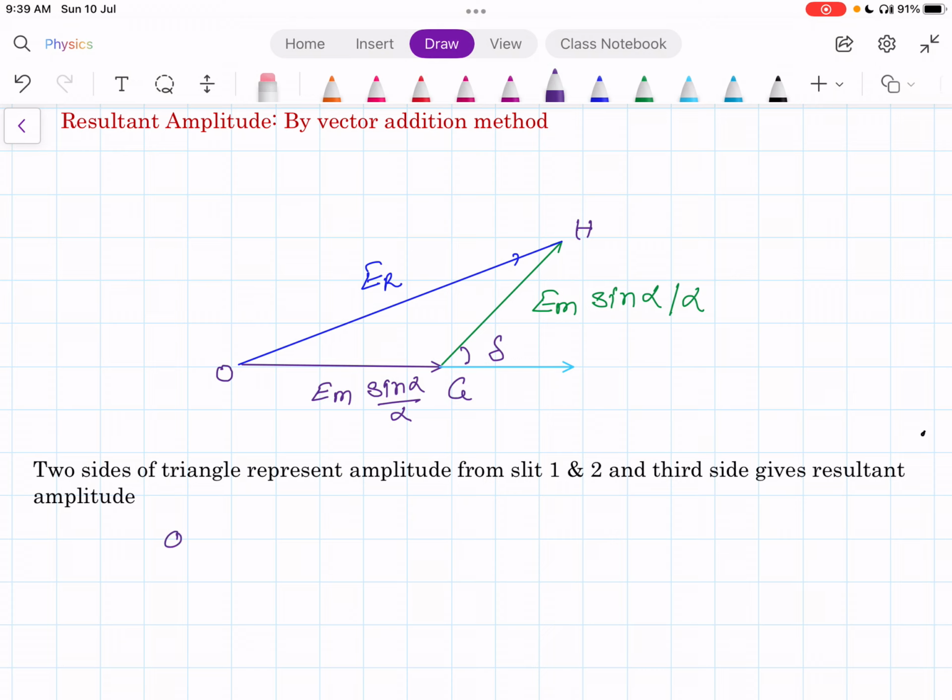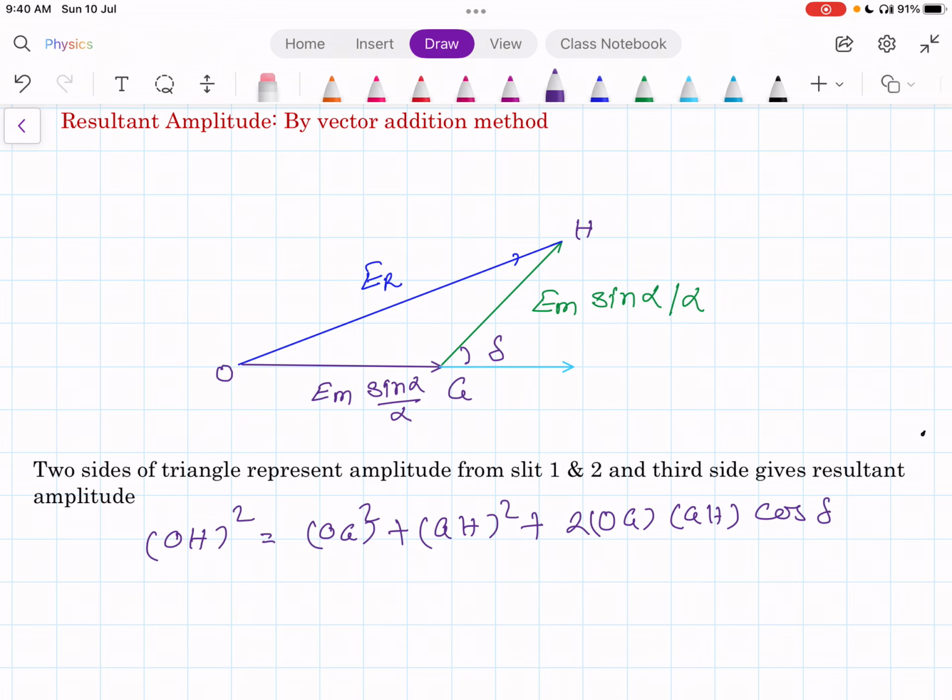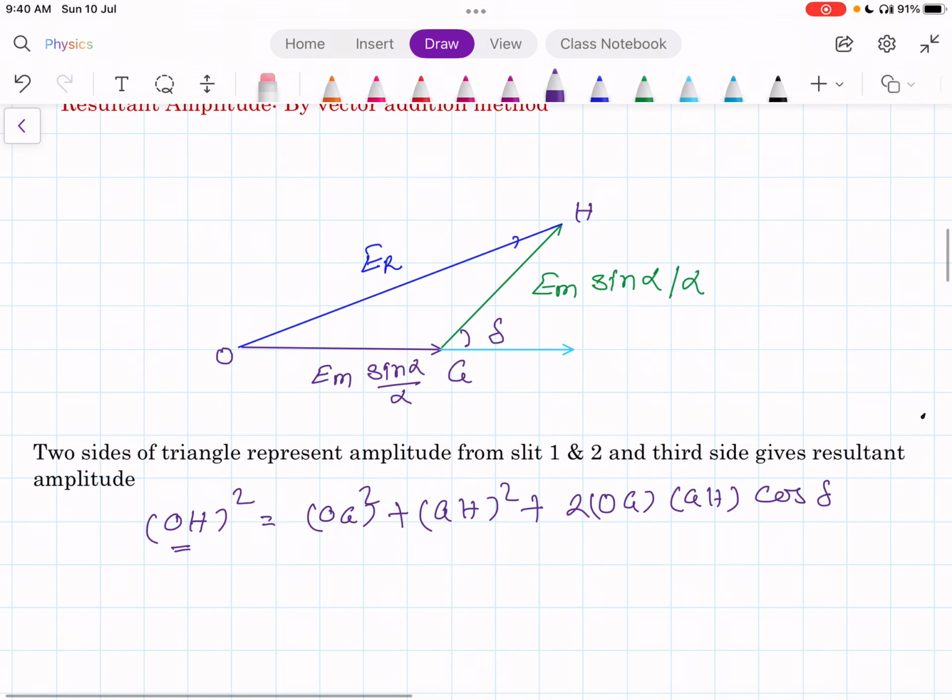Then by the vector addition method, we find the resultant amplitude ER. OH square is equal to OG square plus GH square plus 2 OG into GH into cos delta. This OH is ER.